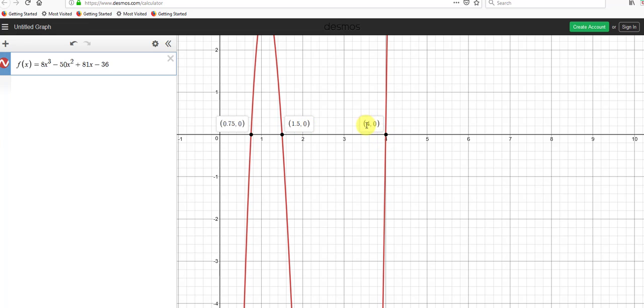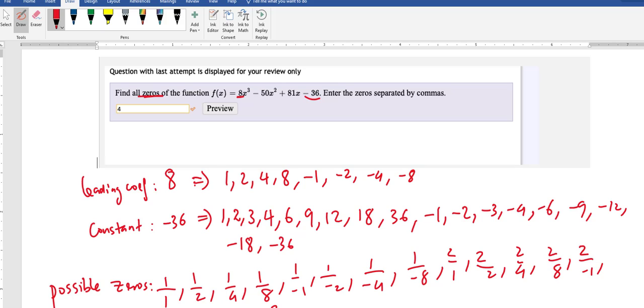So the values that make this function 0 in this case are when x equals 0.75, 1.5, and 4. So 3 of them, right? We see that this is the power of 3. That means you should end up with 3 values for the x that make the function 0.